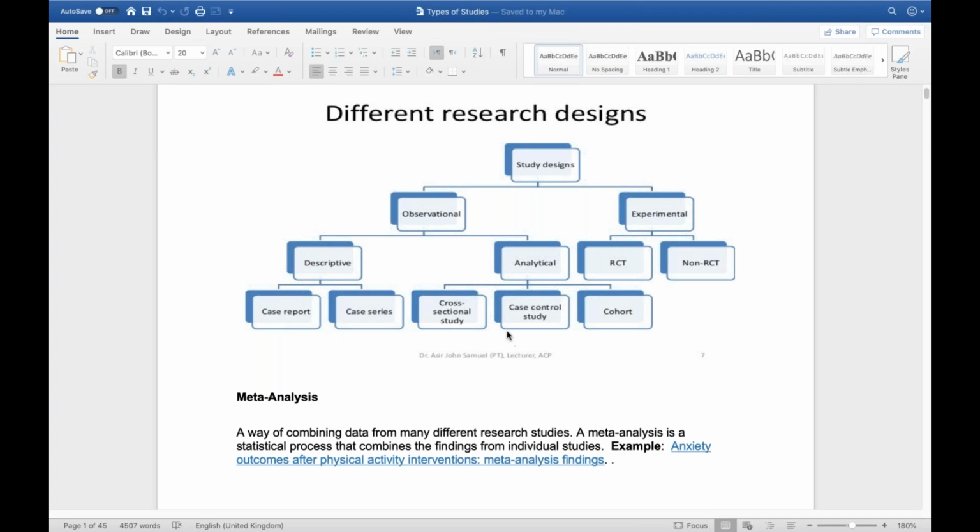Okay, moving to the next one, the case control study. Does anybody know what a case control study is? Or why we need to do a case control? Studying a case, or a particular case. Two groups: a disease group and a control group. Okay, fine, yes, exactly.